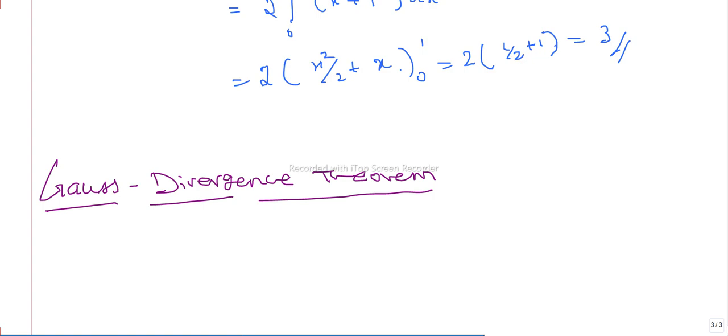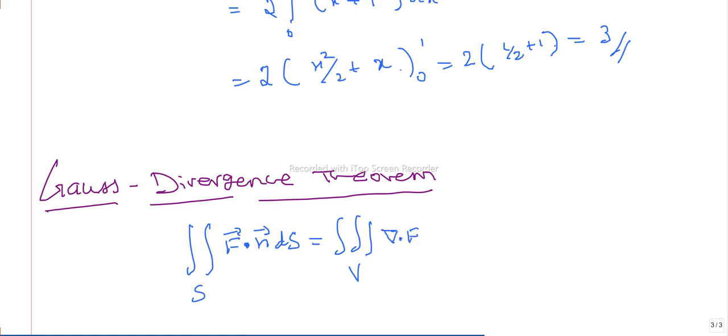The Gauss divergence theorem says the double integral over the surface S of F dot n vector ds is the same as the triple integral over the volume V of del dot F dv, where this volume is enclosed by the surface.